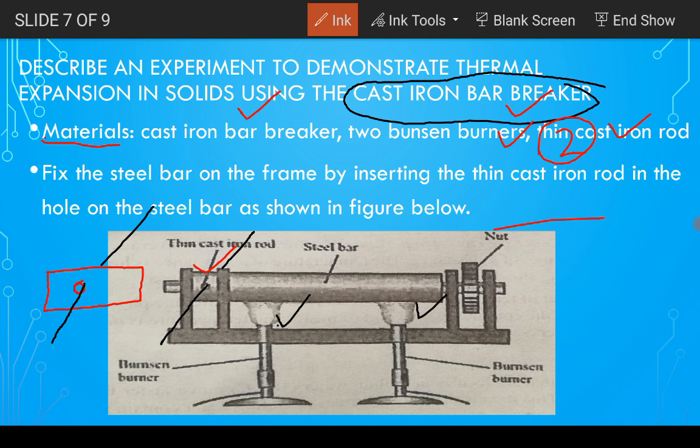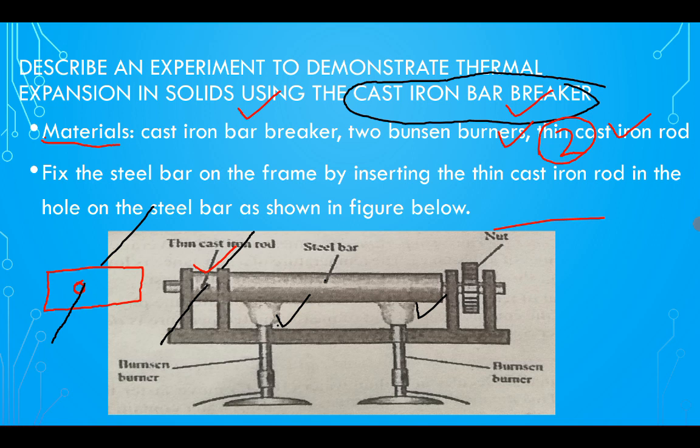Because if you heat the steel bar using one Bunsen burner, only one region or part of the steel will be heated and the other will not be heated. Therefore, the expansion of the steel bar will not be uniform.